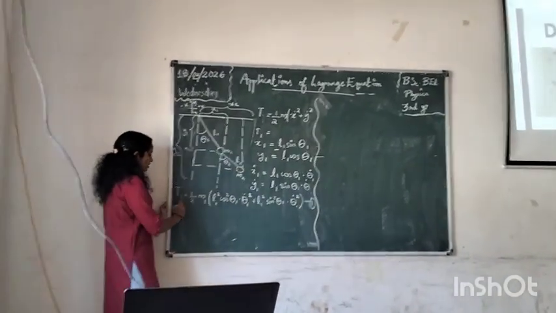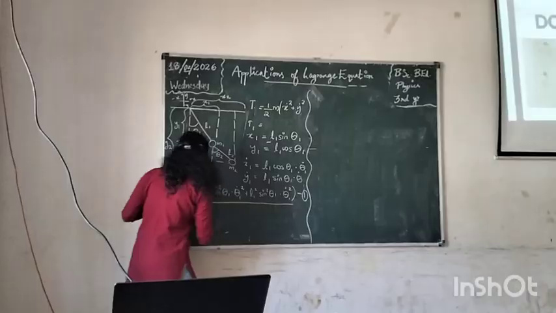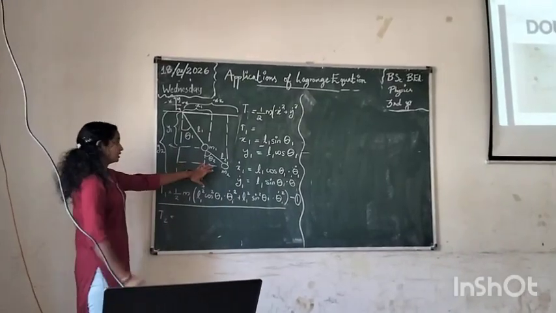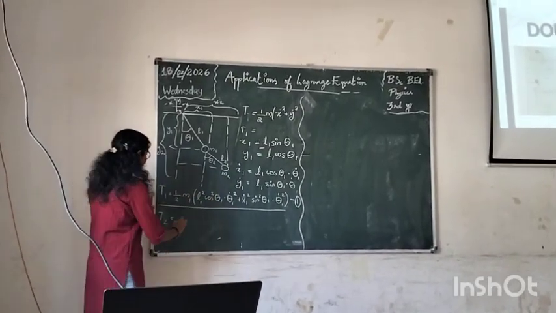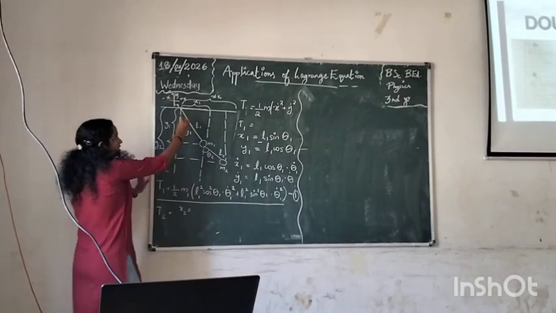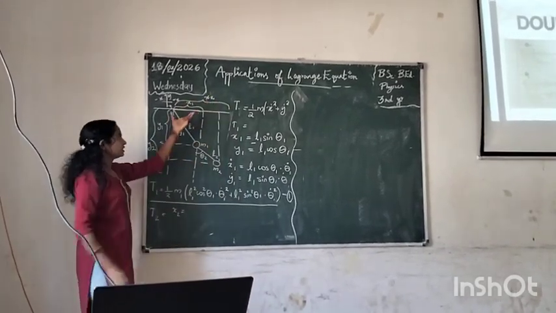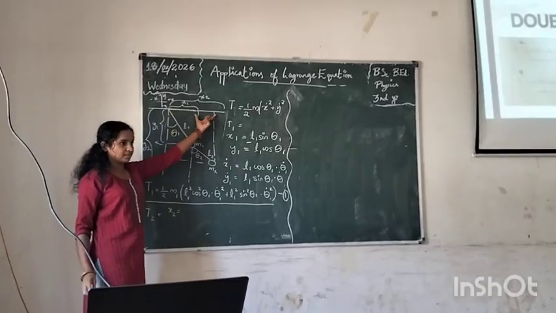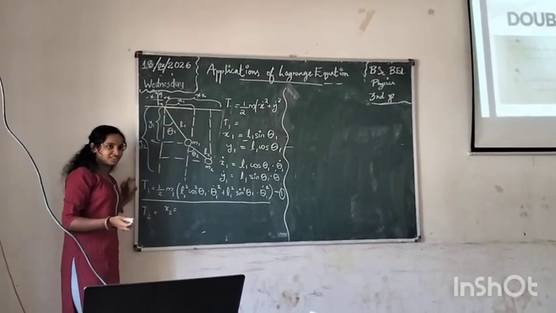Then next is T2. T2 is for the second mass, so for that we have to find x2. So what will be x2? This is x2. That means this x1 plus this one. Understood?